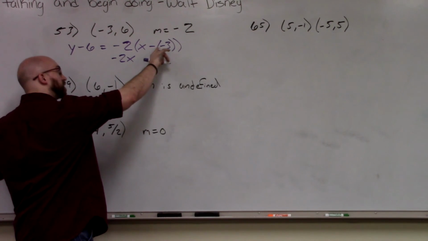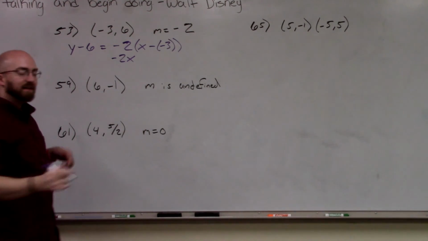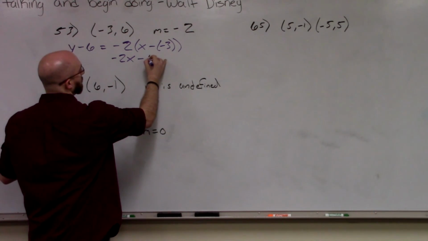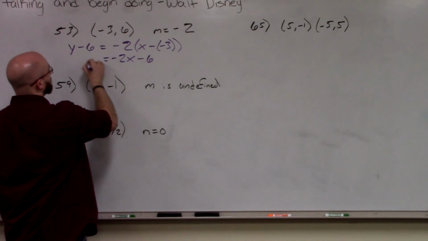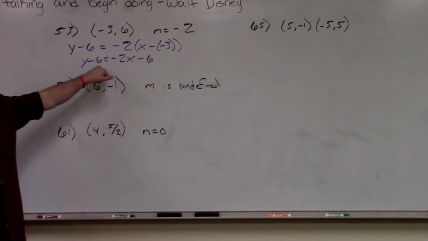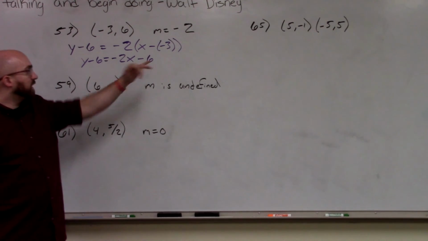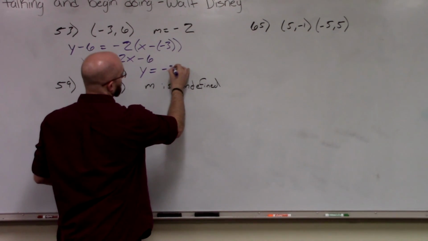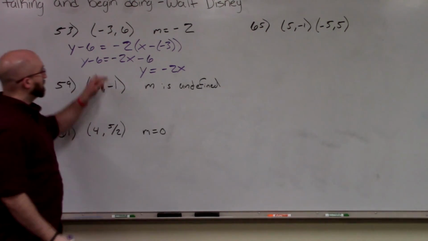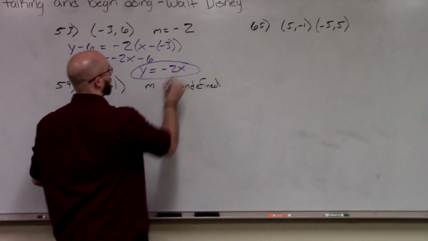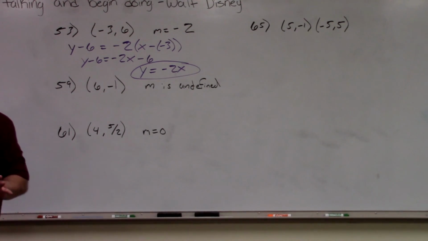This is negative times a negative, so it's positive 3 times a negative 2, so that becomes minus 6 equals y minus 6. Add this to the other side, so therefore we get y equals negative 2x, and that's it, because negative 6 plus 6 is 0. So this is our answer. That's all you kind of have to do on those kind of questions.